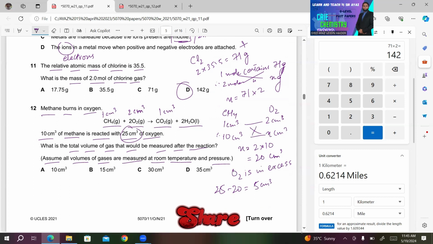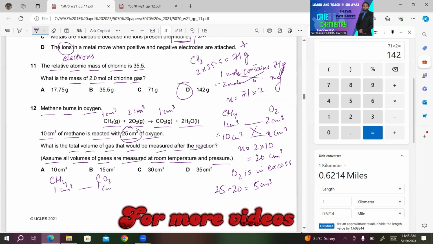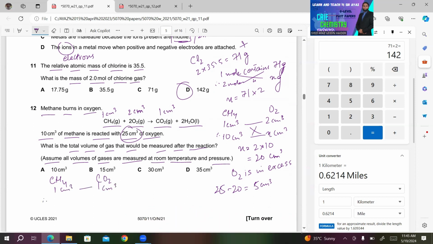What else is there? We have carbon dioxide. The mole ratio for carbon dioxide and methane is the same. That is 1 cm cube gives 1 cm cube, therefore 10 cm cube of methane gives 10 cm cube of carbon dioxide.